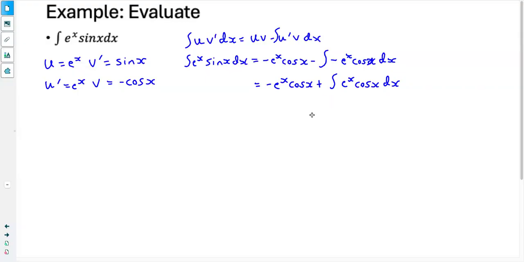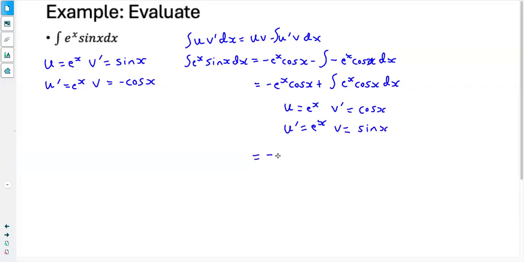Looking at this, our u would be e to the x, while v prime is cos x, which means that u prime is e to the x, while our v would be the integral of this, so sine x.